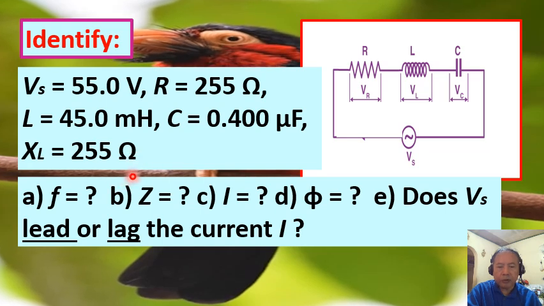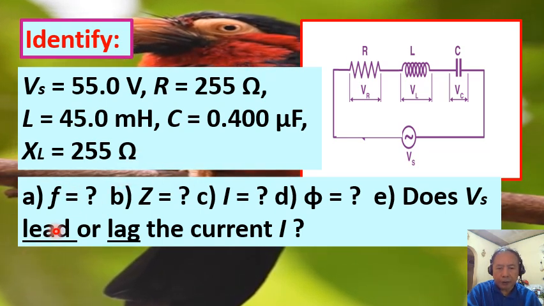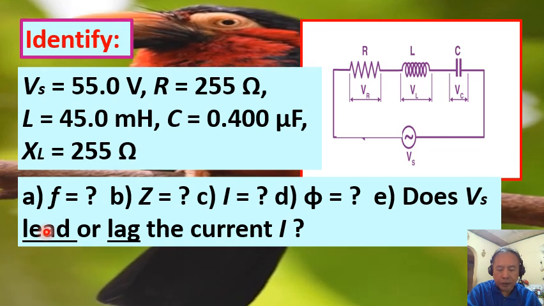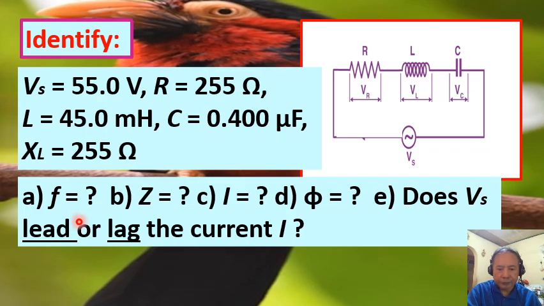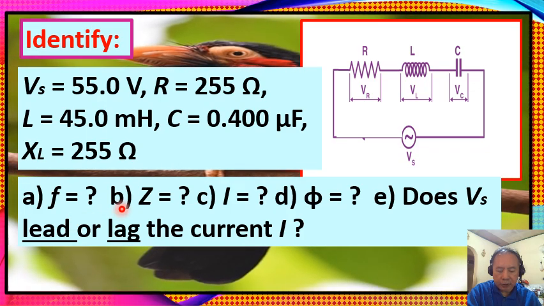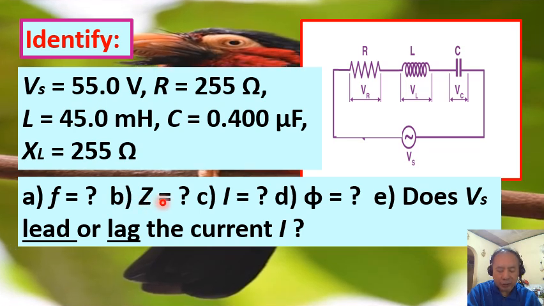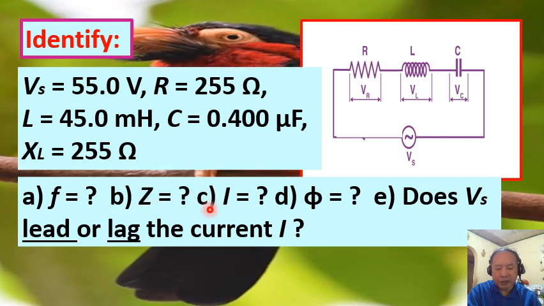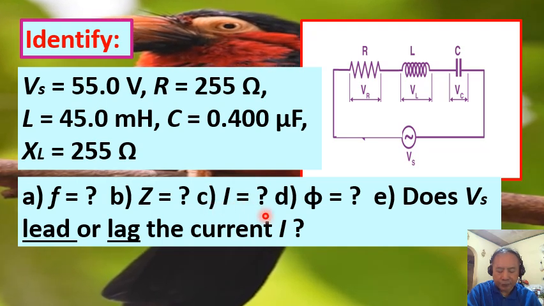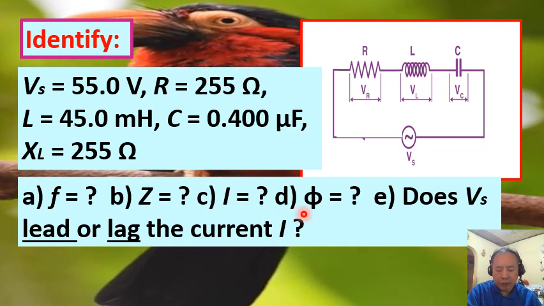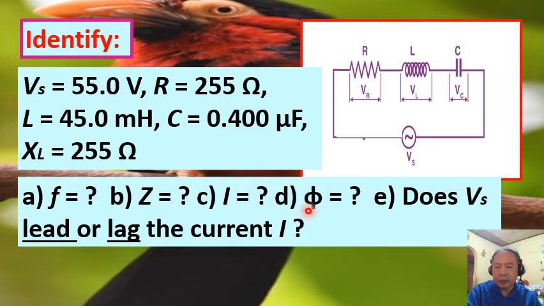The target variables are, in part A, the frequency F of the source. In part B, the impedance, capital Z. In part C, the current amplitude, capital I. In part D, the phase angle, denoted by the Greek letter phi.